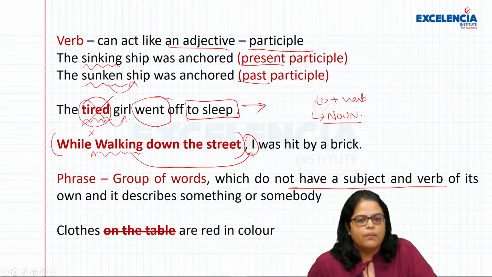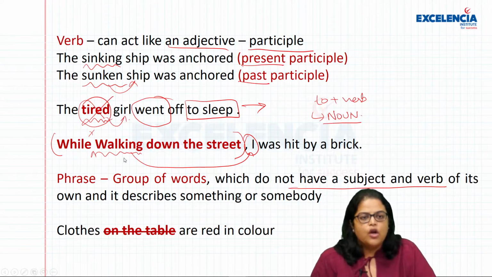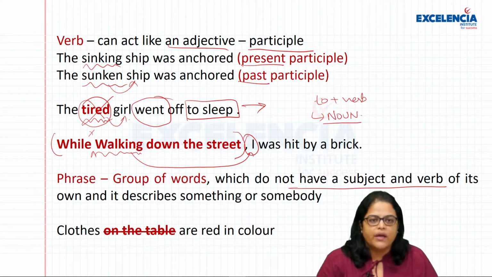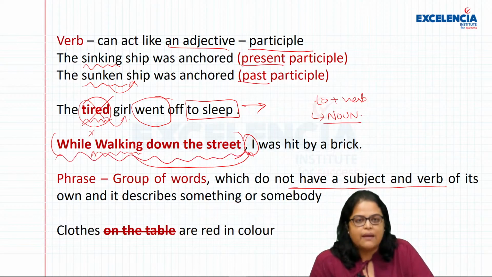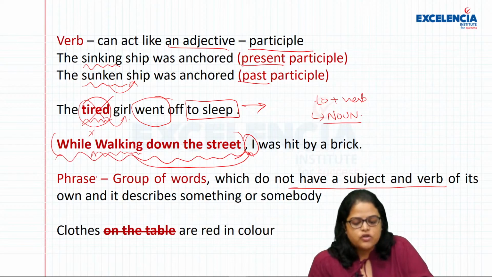It is not a verb. It is also not a noun. It is not a subject or an object of a sentence. It is just describing I. So it's a participle. Do we understand this, that walking is not a verb here? So because walking is not a verb here, this group of words does not have a subject and a verb of its own. So it's called a phrase.